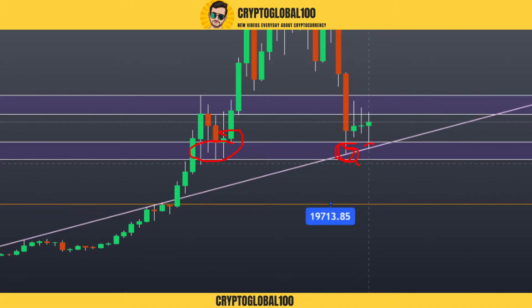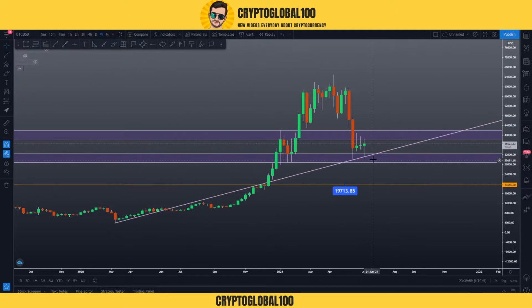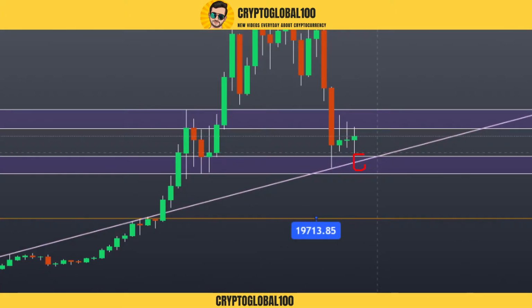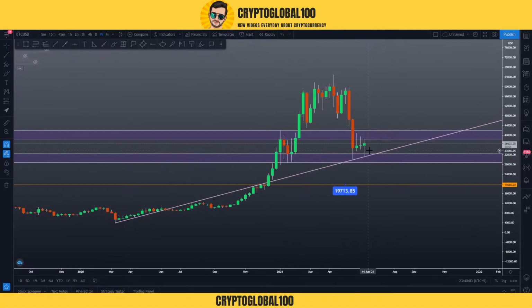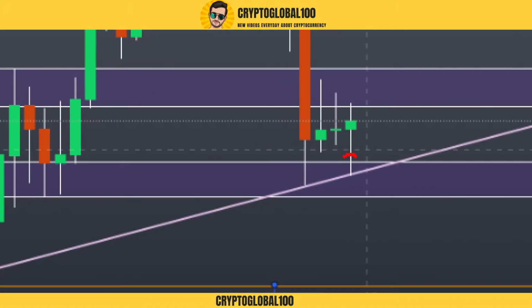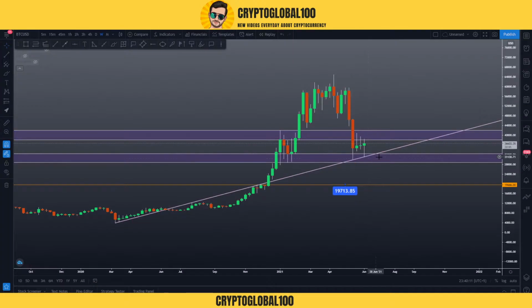And the next candle, which is currently developing, let me show you this one. This candle also bounced off this trend line.